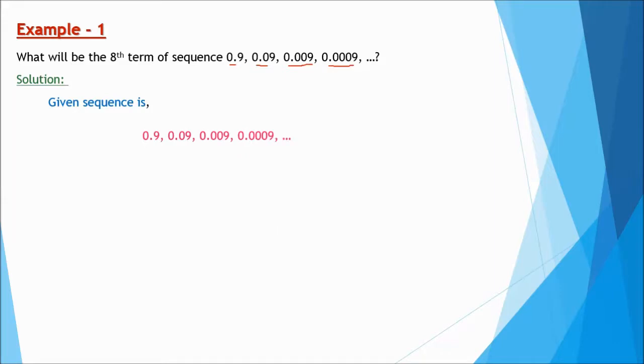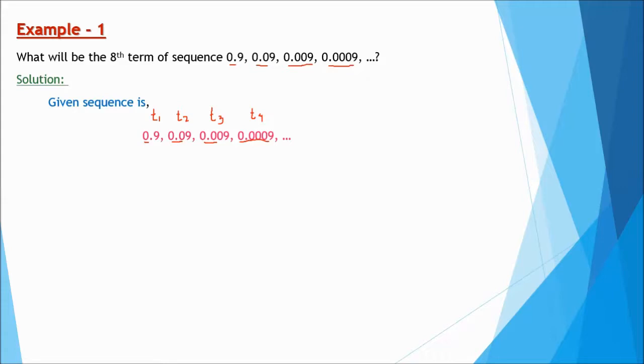Now if we just ignore the decimal for instance, then there is 10 in front of 9 in the first term, 20 in front of 9 in the second term, 30 in front of 9 in the third term, and 40 in front of 9 in the fourth term. We are just ignoring the decimal for a second.